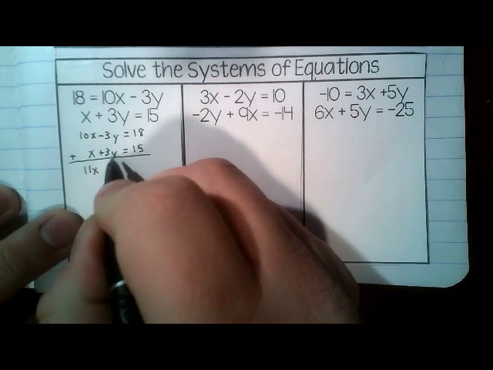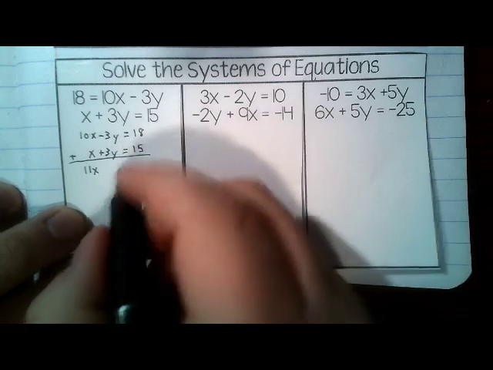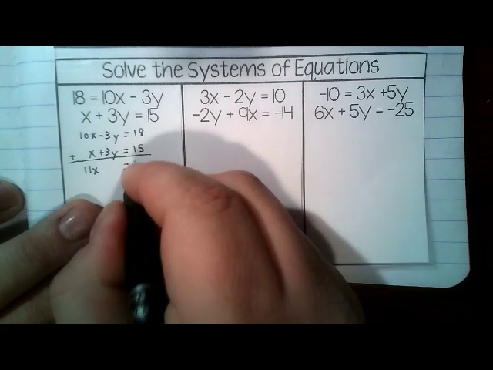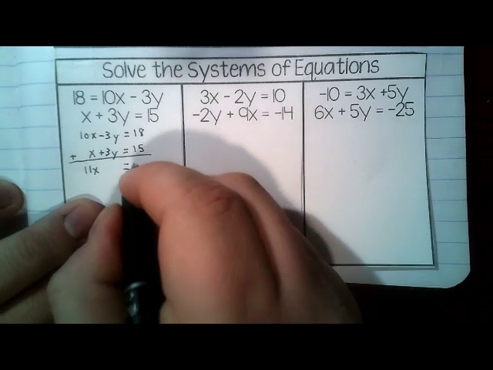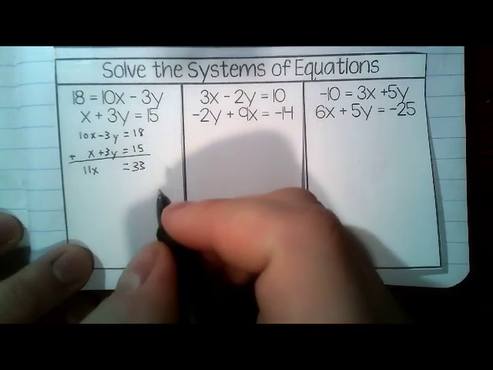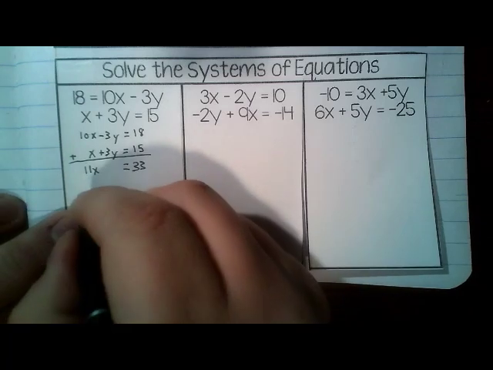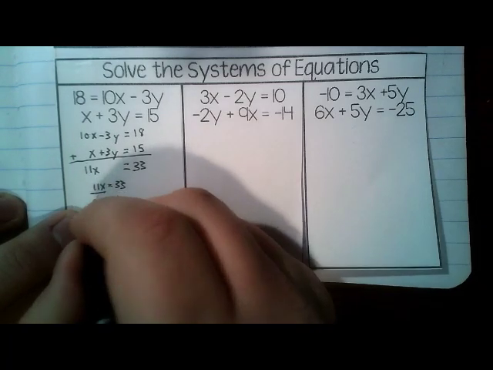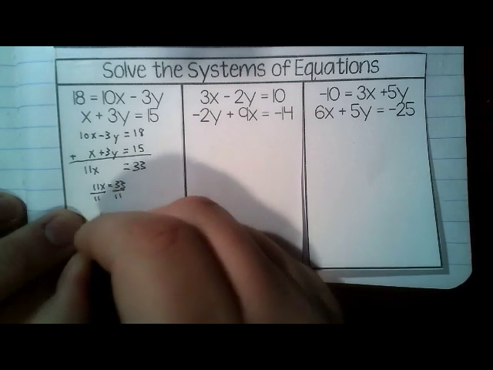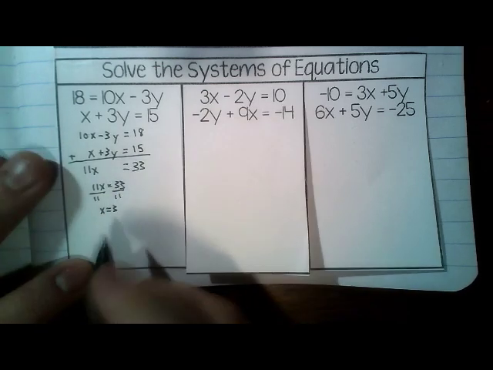Negative 3y, positive 3y cancel. This is very nice. And 18 plus 15 is positive 33. So I've got 11x equals 33. And I can divide by 11. And x equals positive 3.